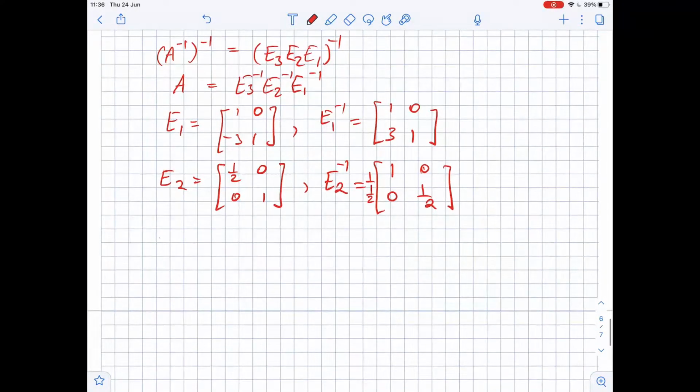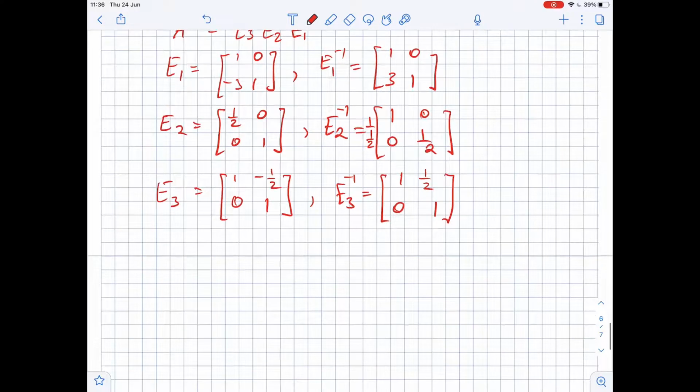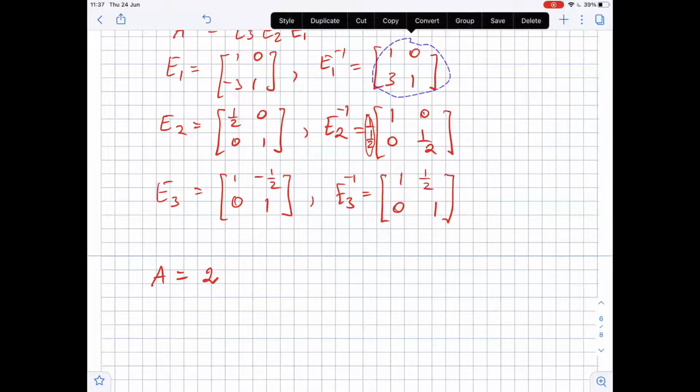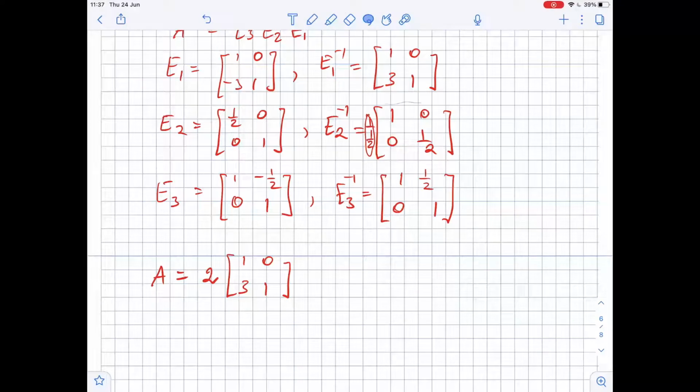And E3 equals 1 negative 1 over 2 0 1. So the inverse of E3 equals, the determinant is 1, so it's 1 1 over 2 0 1. So that means that A equals, here 1 over 2 will give us 2, so it's 2 times this matrix times this matrix and times this matrix.